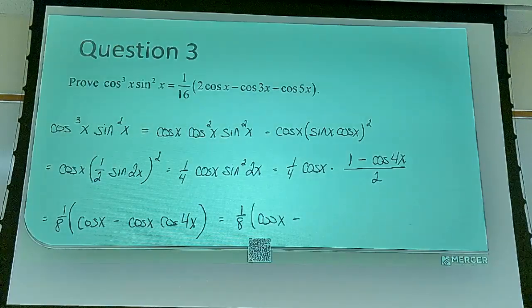Now use the product to sum for cosine times cosine. Let's actually make these brackets now.